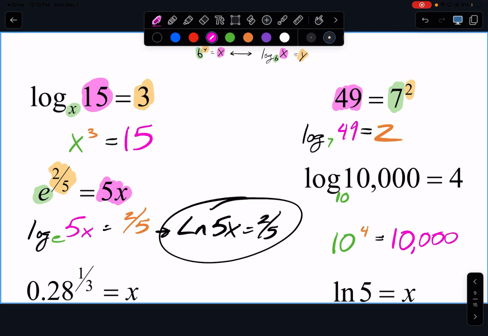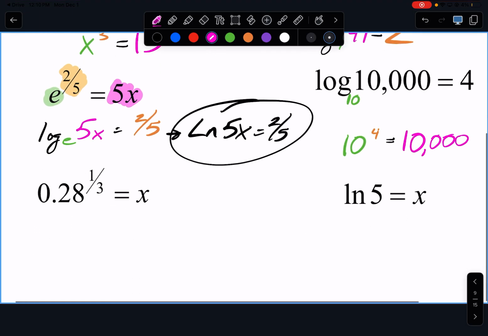Right, any questions on those examples there? Okay. Let's do these last two. The one on the left is pretty straightforward. Not really anything new. It just has a decimal as the base.